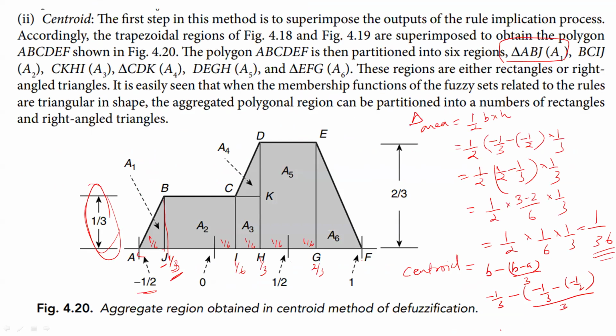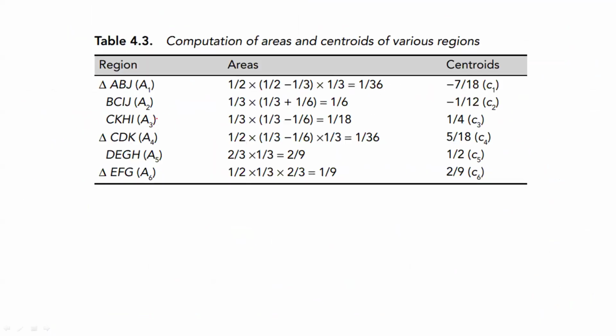When you solve this, you get minus 1 by 3 minus 1 by 6 by 3. That is around minus 7 by 18. You can solve it and find it comes to minus 1 by 3 minus 1 by 18, which is nothing but minus 7 by 18. You can see the answer summarized in a table like this. For this particular triangle, the area is 1 by 36 and the centroid is minus 7 by 18.